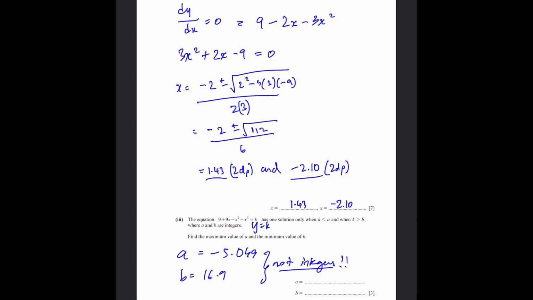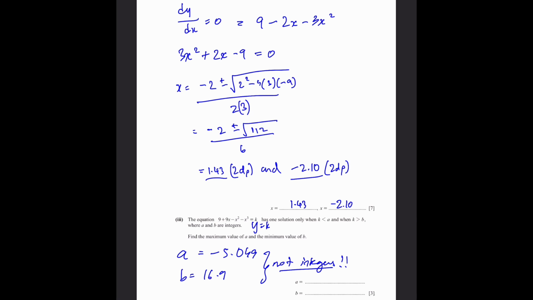This is why they have asked for the maximum value of a and the minimum value of b. Well, how do we make these values integers? Since you want the maximum value of a, but then when k is less than a, this has to have one solution. So this value of a is going to be the maximum value.